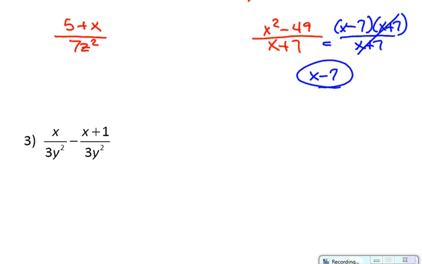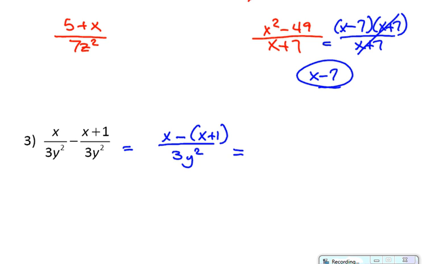The third example, again, we've got the same denominator, so we'll keep that denominator, 3y to the second. This is also subtraction, so notice what happens on this. I have x, and I'm subtracting that whole numerator, that second fraction. So when I subtract it, I need to put that in parentheses. So the numerator, x plus 1, the whole entire thing is going to be subtracted.